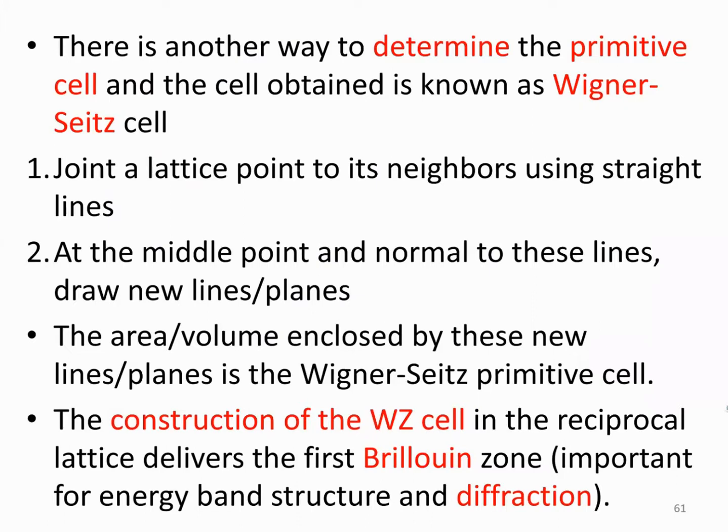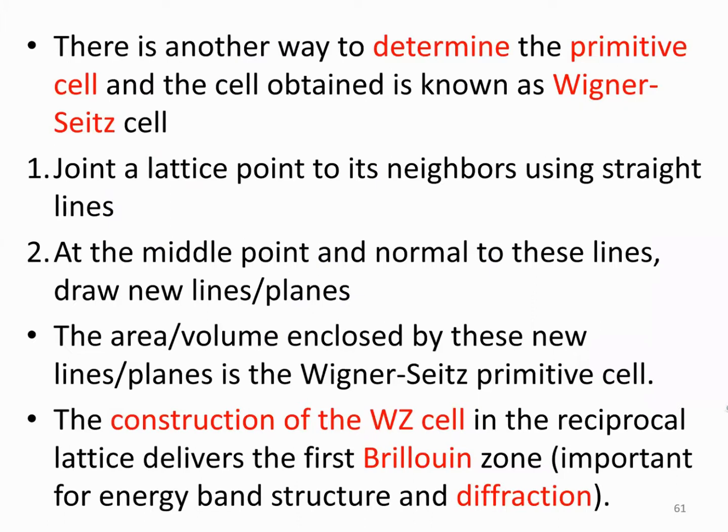Then after you draw the Wigner-Seitz cell, if you draw on a 2D model, then you will get the area. If you draw in 3D, which is not possible, but if you are able to imagine, then the Wigner-Seitz cell will contain the volume. 3D volume, 2D area. Okay, right. But in this subject, I will only show you 2D, because it is very, very difficult for me to draw in 3D because I'm not from the art stream.